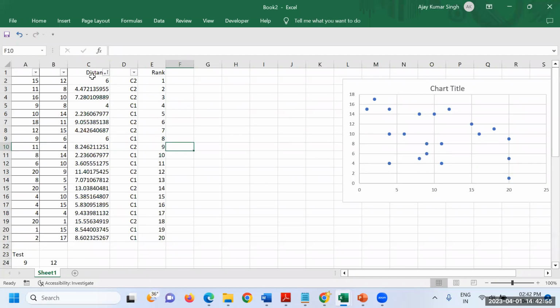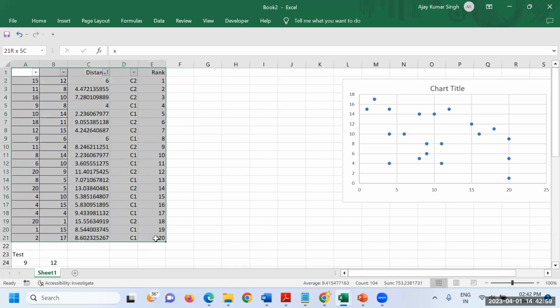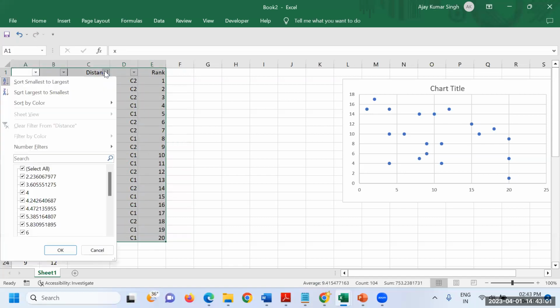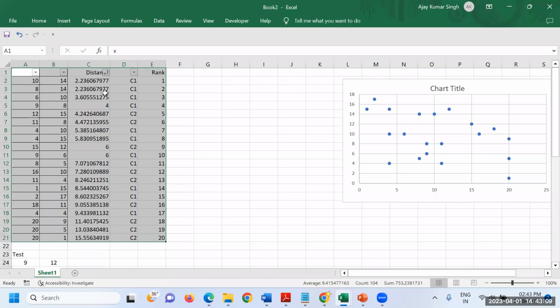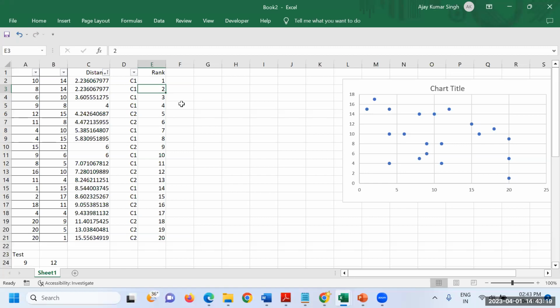Now again, I have to make the ranking based on this. Again, I have to go for rank based on this. Again, sorting is required, isn't it? Sorting based on these points, smallest to largest. Again, I'm supposed to change the rank, that is 1, 2. This has not changed.